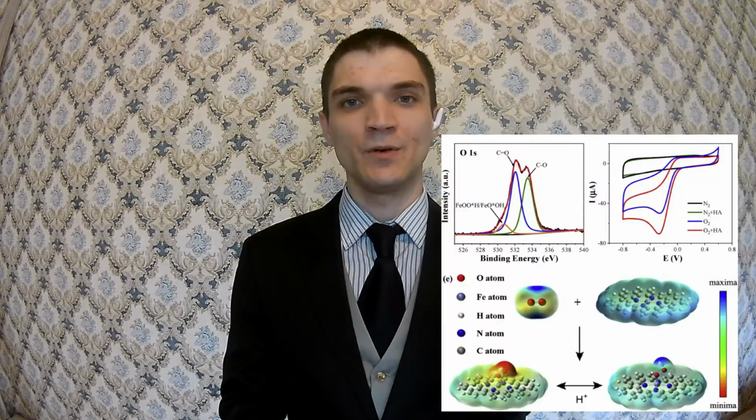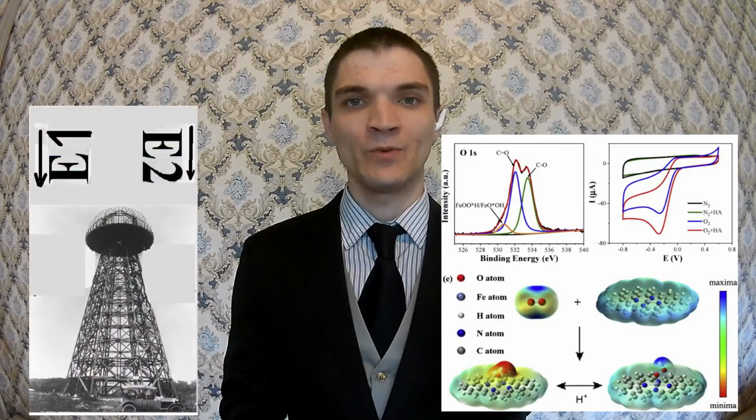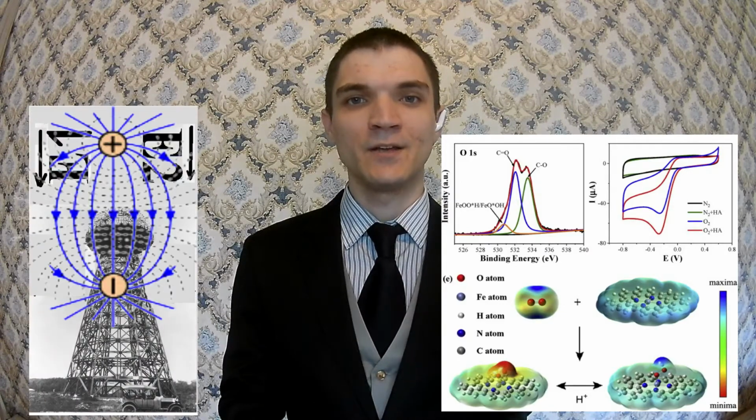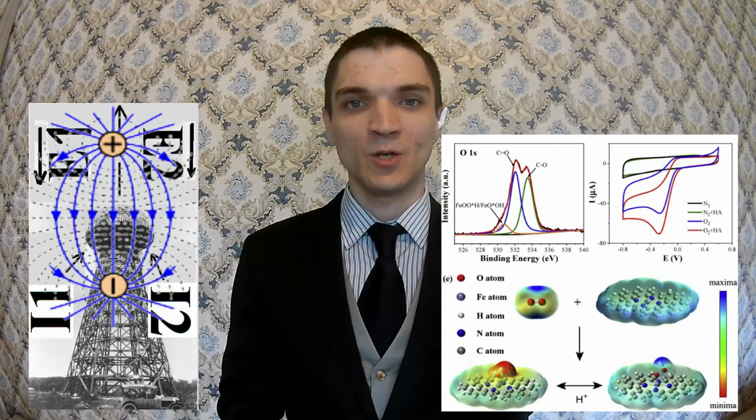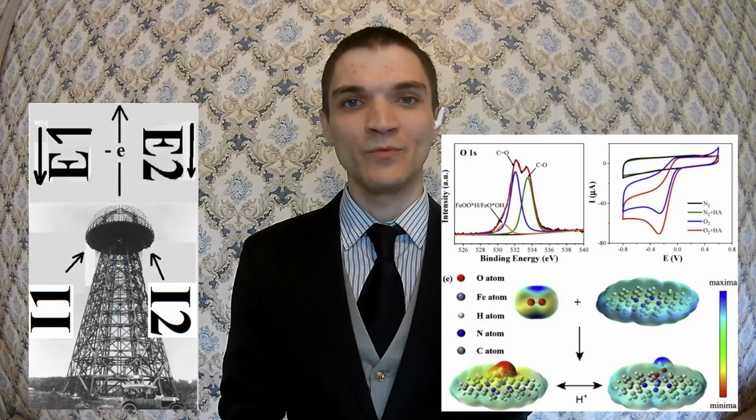If we help these excess charges at the top of the conductor to leave this conductor, then the negative charge at the top of the conductor will decrease. The external electric field inside the conductor will no longer be compensated and will again begin to move the conduction electrons up to the upper end of the conductor.